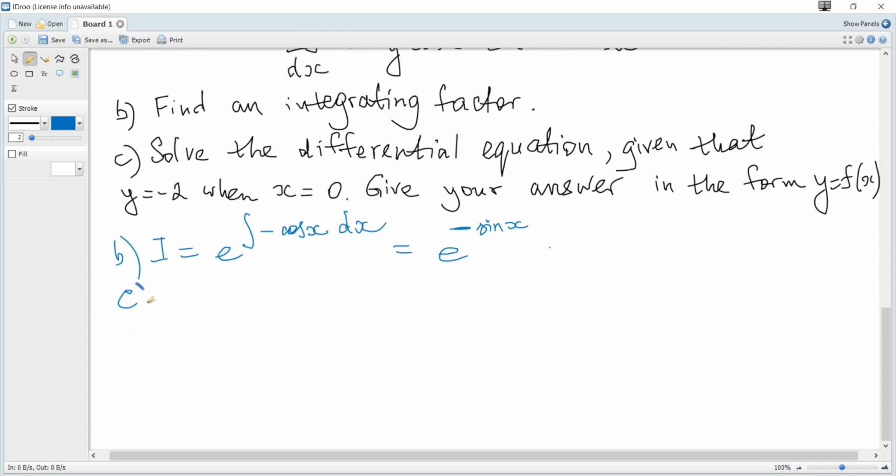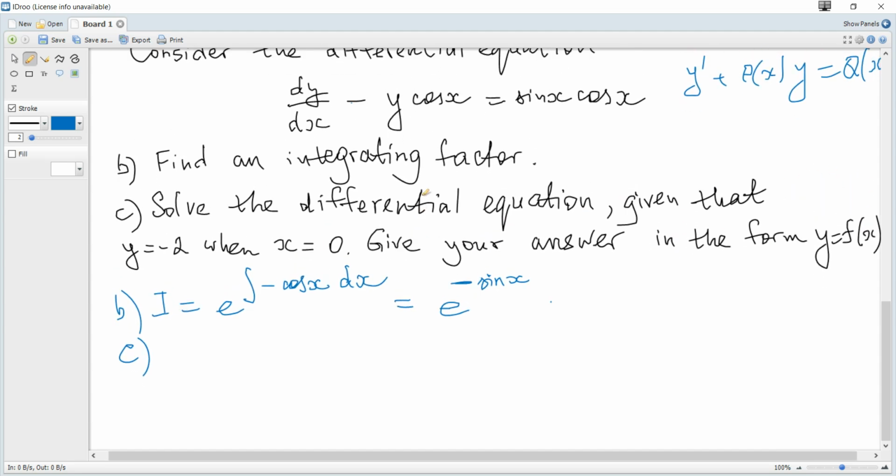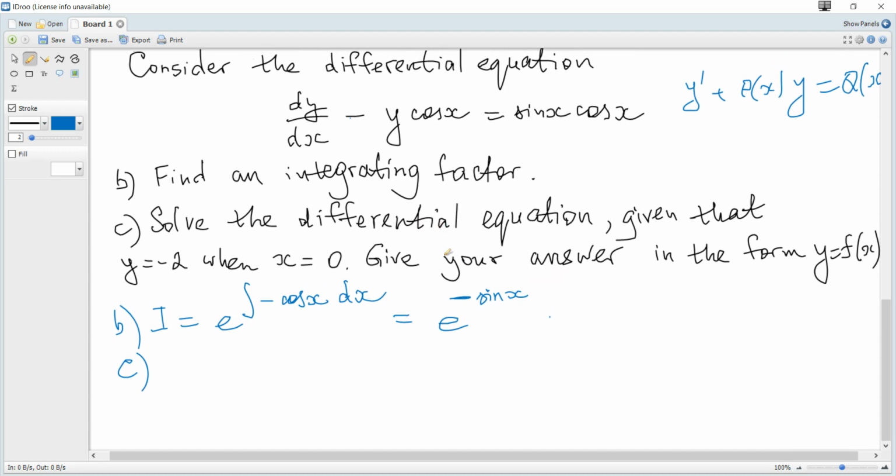C. Solve the differential equation given that, and answer in the form. Okay, so how to solve this by integrating factor? The next step is we multiply each term by this integrating factor, and you must write this.